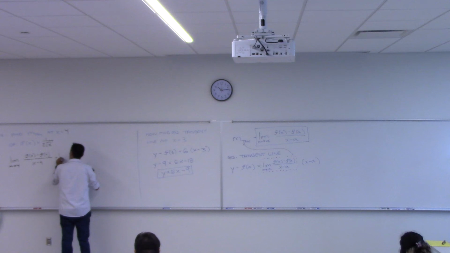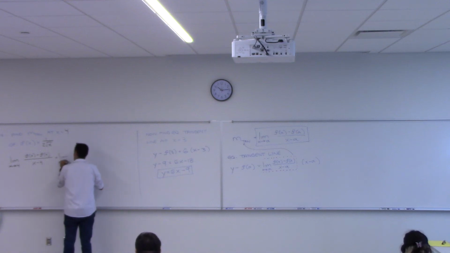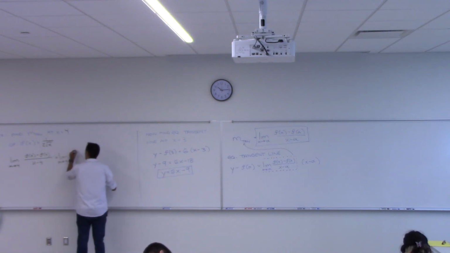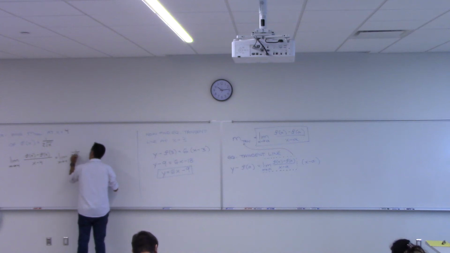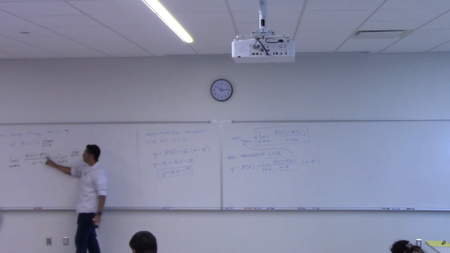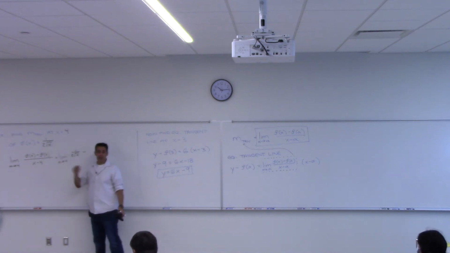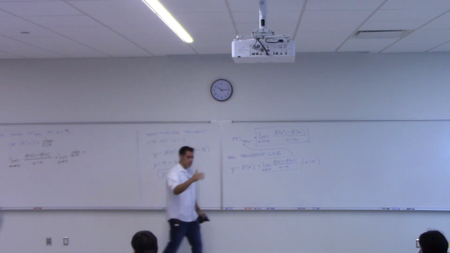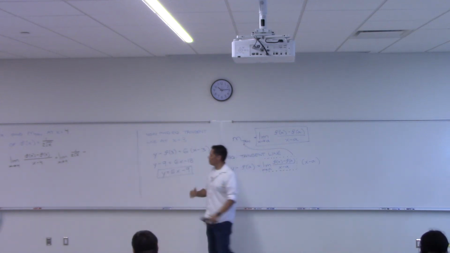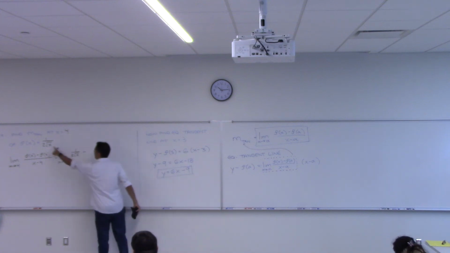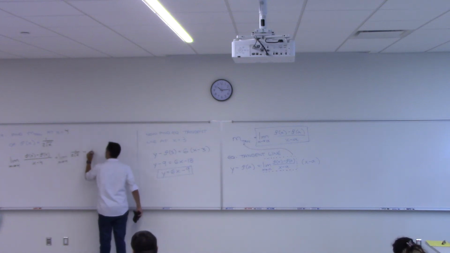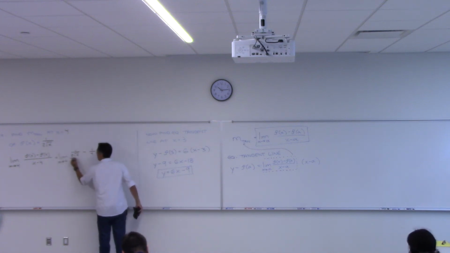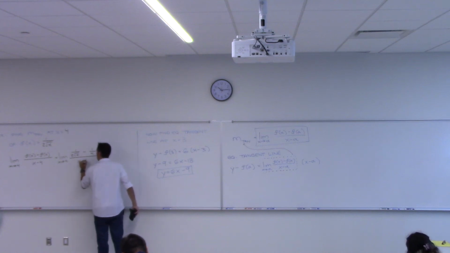Now, because I actually have the function, I can replace f of x with 1 over 2 root x, and then minus, I can plug 4 into the function. When you plug in 4, is everyone comfortable that you get 1/4? Yes? The square root of 4 is 2, 2 times 2, so 1/4 over x minus 4. There it is.